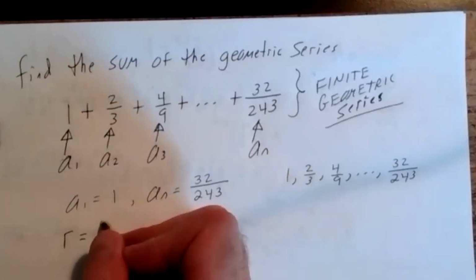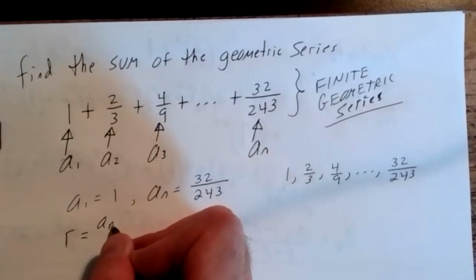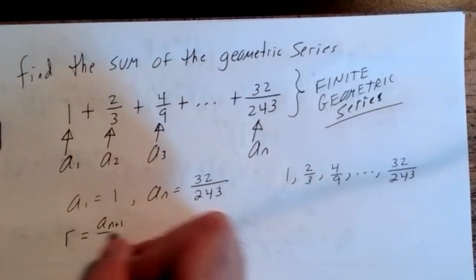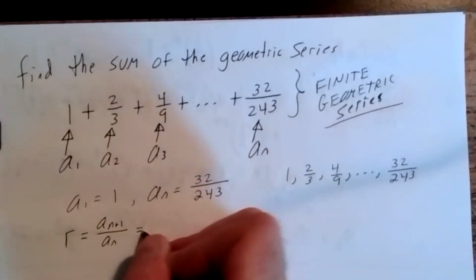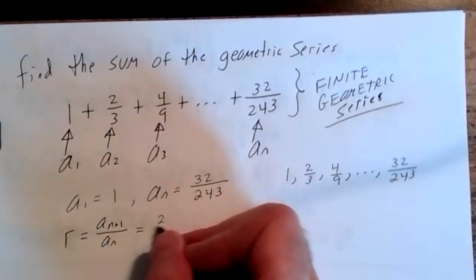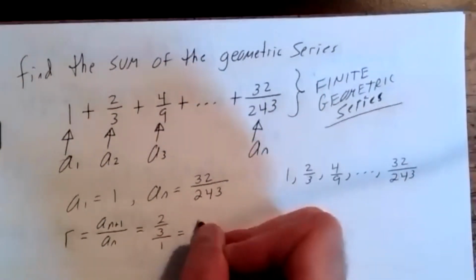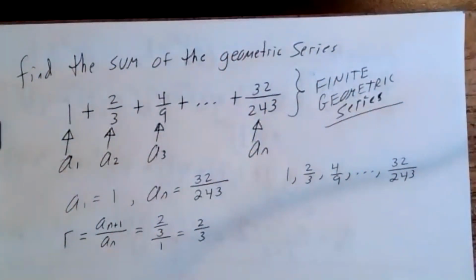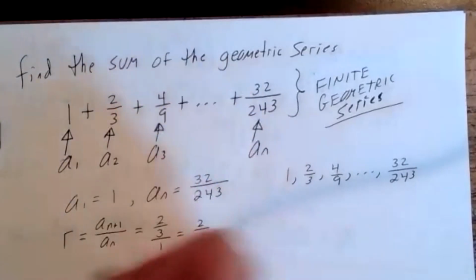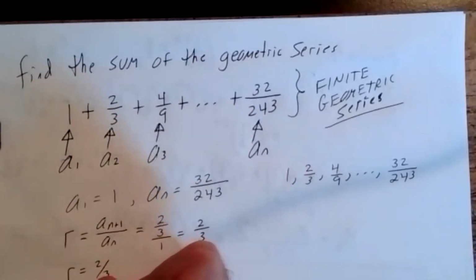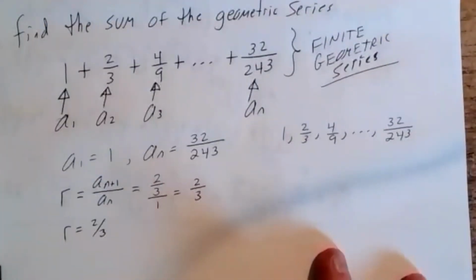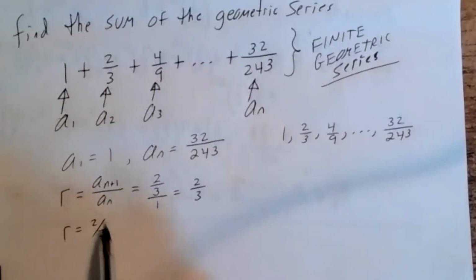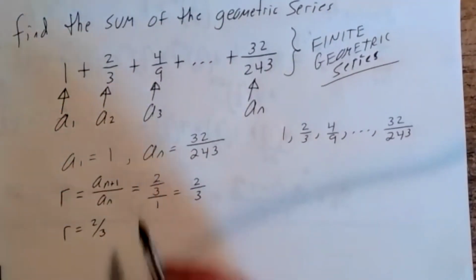Well, remember, the common ratio is always the ratio of a geometric sequence's term divided by the previous term. So this will be 2/3 divided by 1. Looks like your common ratio is 2/3. So now we know the common ratio is 2/3.